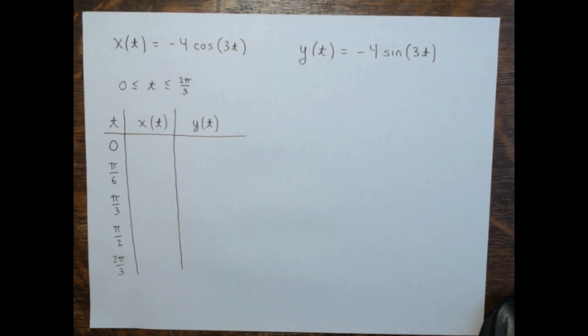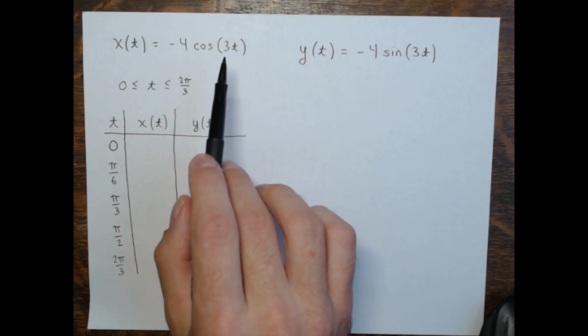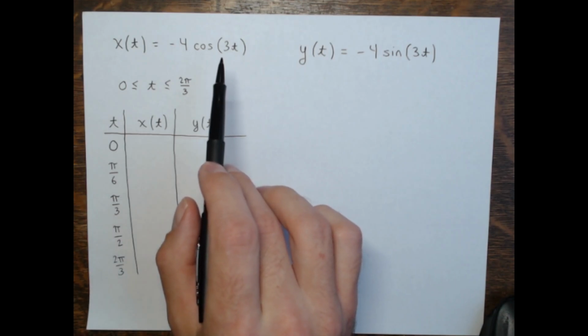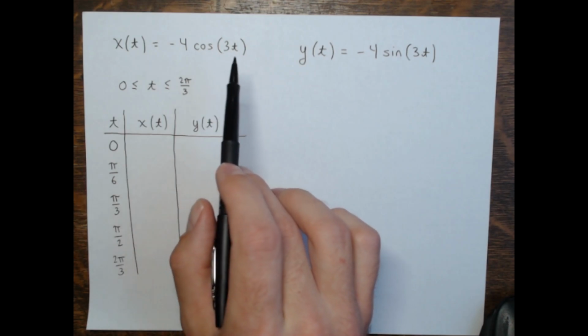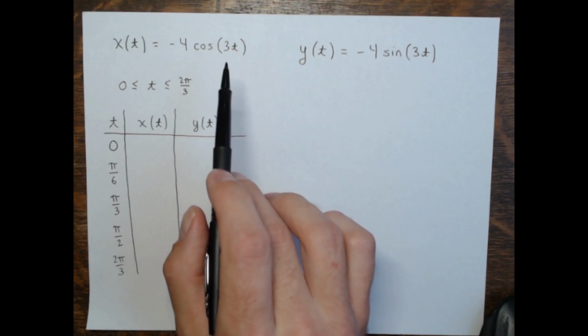Okay, so let's see what our x and y coordinates are when we plug these in. I'm just going to say these out loud. I'm hoping that you remember your special values of the trig functions, cosine and sine, for your multiples of pi over 6 and pi over 4.